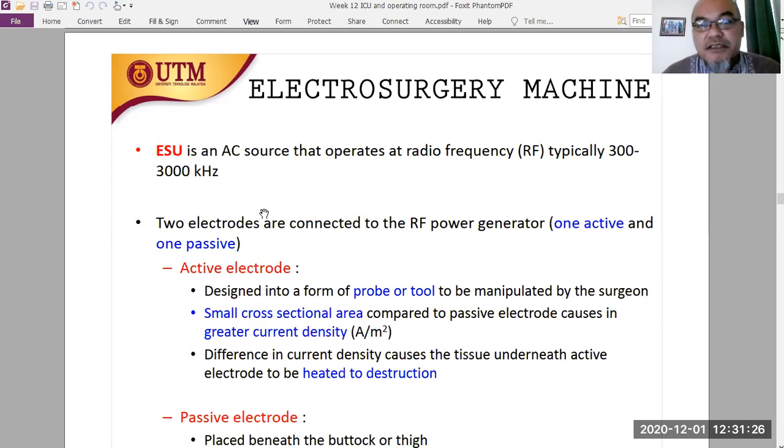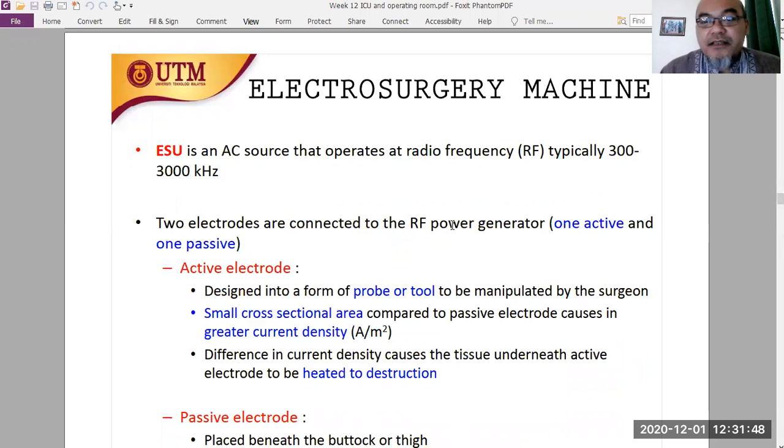But in remote regions, it's very difficult to do a complex surgery. So it is our challenge as biomedical engineers. For example, if we can develop a simple operating theater with low-cost machines like a low-cost ESU.